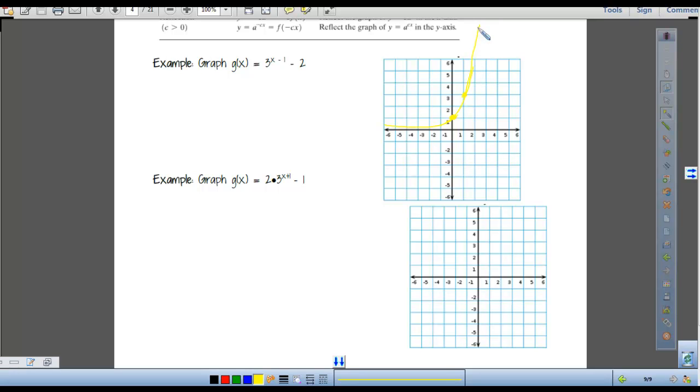For this one, we can expect that the graph is going to shift which way horizontally? Shift right one unit, and which way vertically? It's going to be down 2 units.